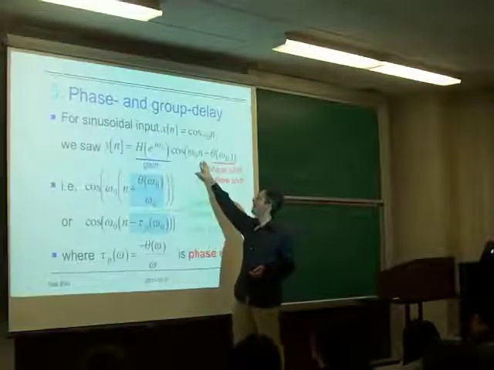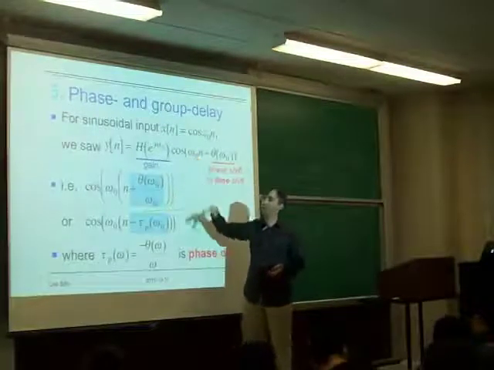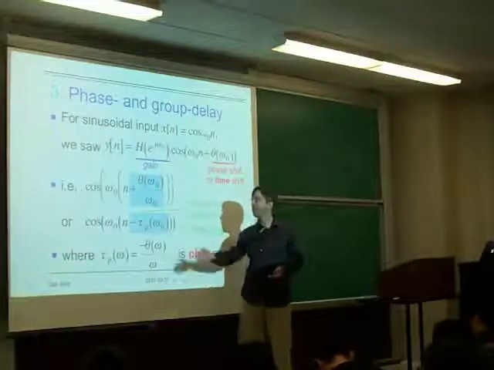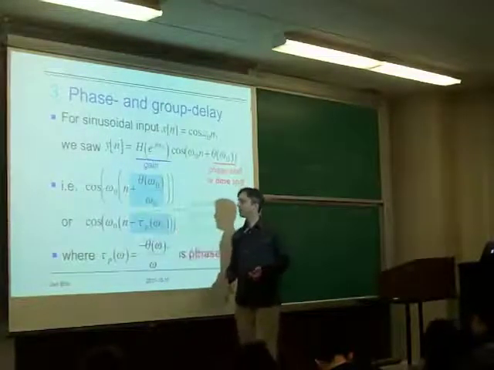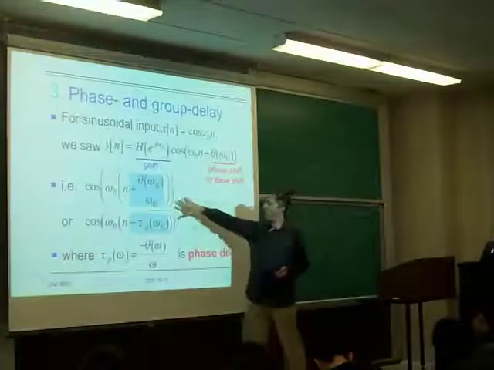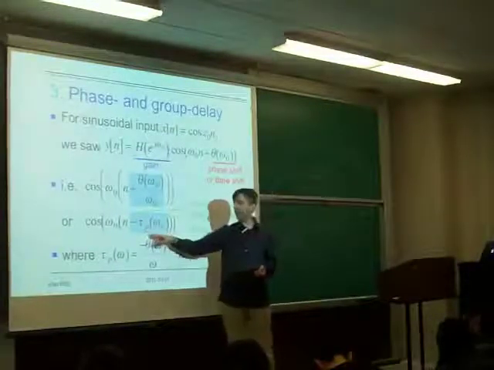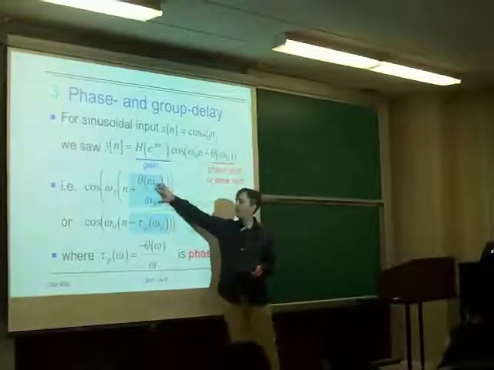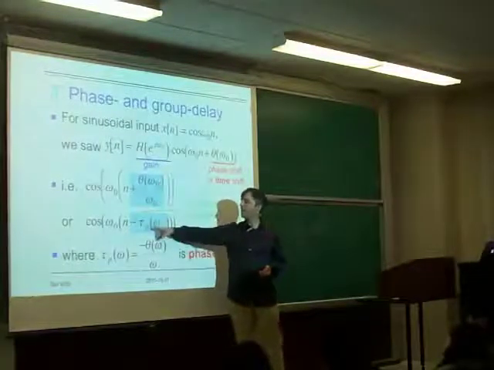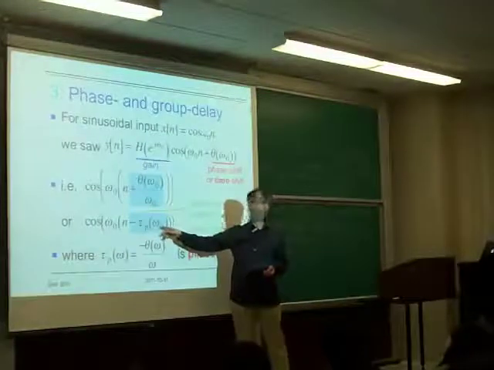But if we had a single expression, cosine omega of n plus this offset, then this would seem more natural, because this offset is basically behaving like a time shift. And so we can call it the phase delay, tau sub p, and it depends on omega 0.